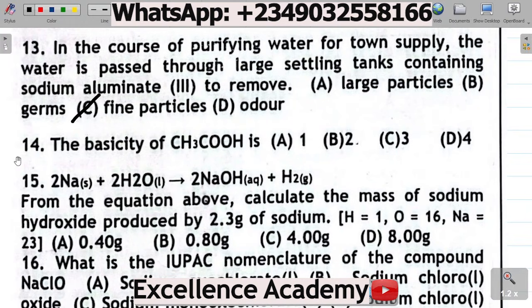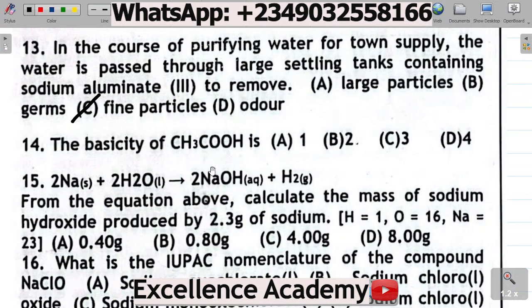Next up, question number 14. Question 14 says the basicity of CH3COOH is, now CH3COOH is known as ethanoic acid. Its basicity is A1, B2, C3, D4. What's the correct answer?